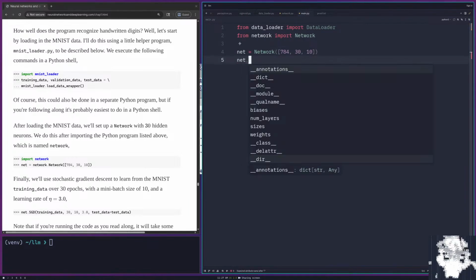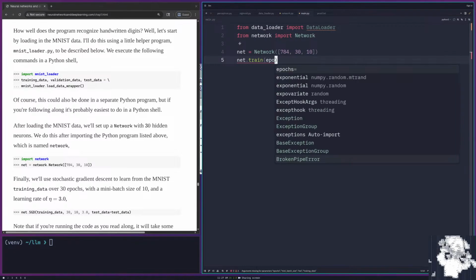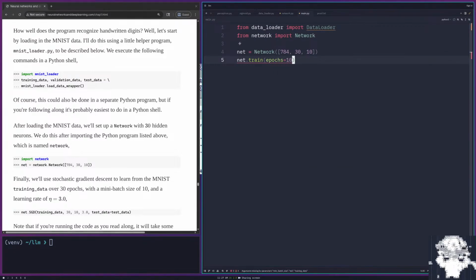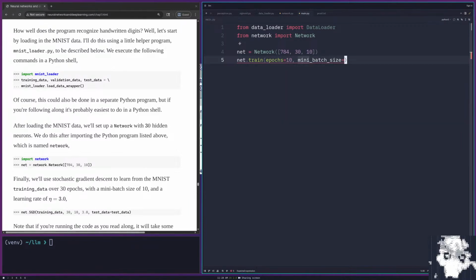Then we do net.train. And this needs epochs, mini batch size, eta, and training data. So epochs equals, let's say 10. Mini batch size, we'll say 100. Eta, 0.1.